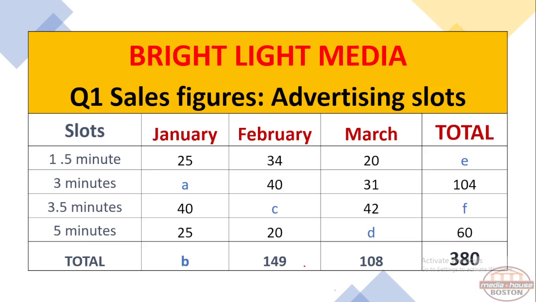Okay, let's see from those who are still remaining. Moremi, which one did you start by solving for? You did C, and how much did you get for February? I got 53.